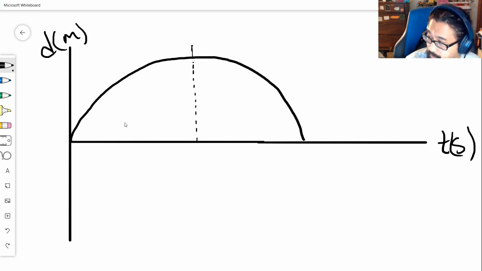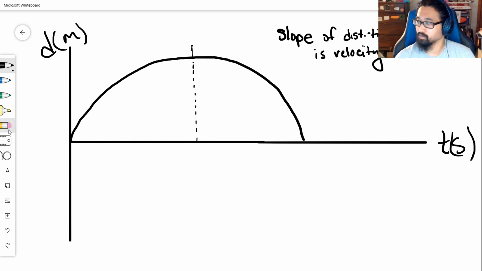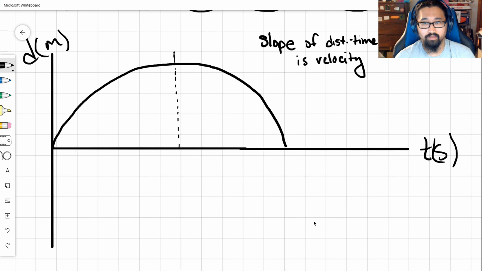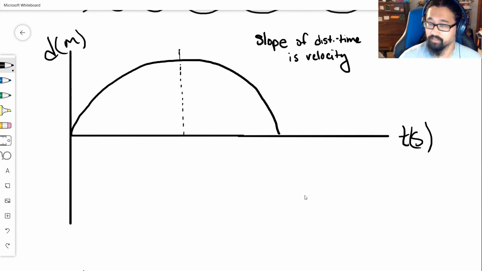Now, if you remember, I think I said this in class: the slope of the distance-time graph tells you velocity.